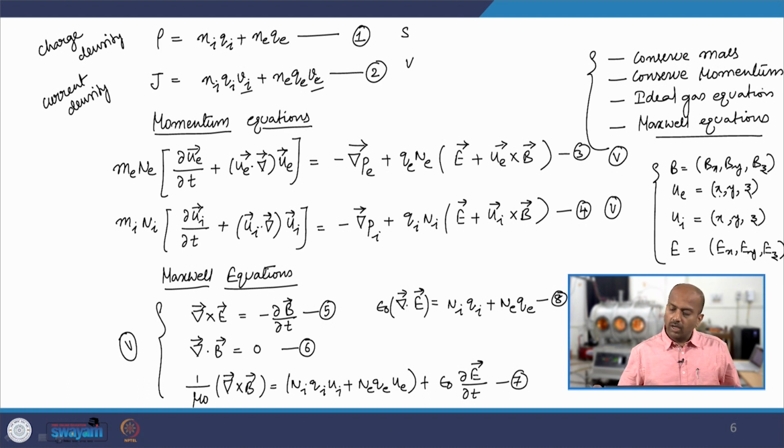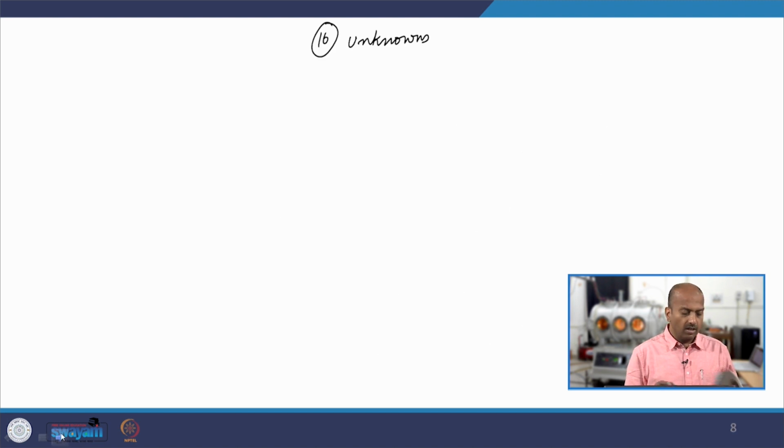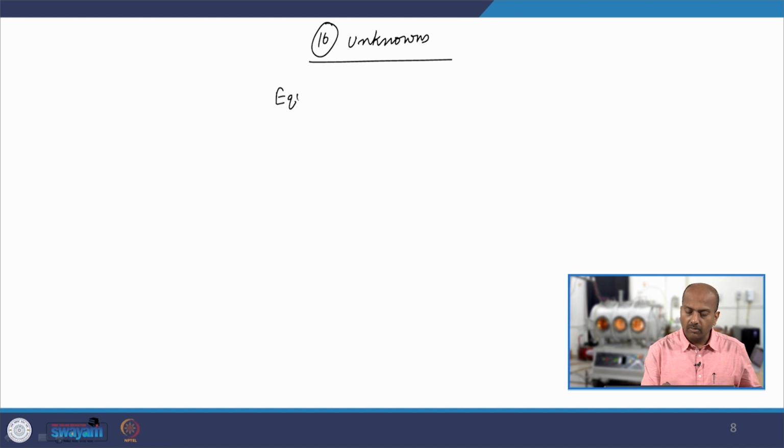So we have 12 variables from here, and then the pressure of electrons, pressure of ions, number of electrons and number of ions. Hence we have 16 unknowns in total. But how many equations do we have?